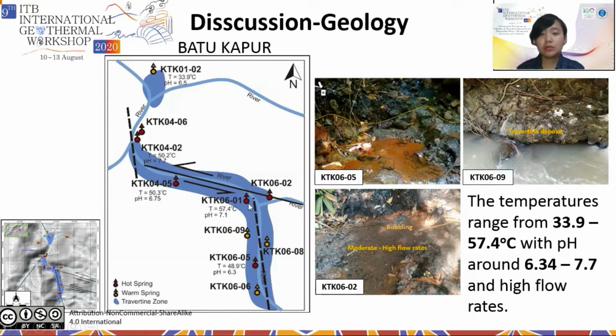High flow rate shows the indication of fault. In some areas, there is warm spring that emerges from lithological contact. That lithological contact is thought to be not too dominant a permeable zone in the research area. The emergence of travertine and intense bubbling indicate that the reservoir in the subsurface is controlled by rock from the Kaliwangu Formation.